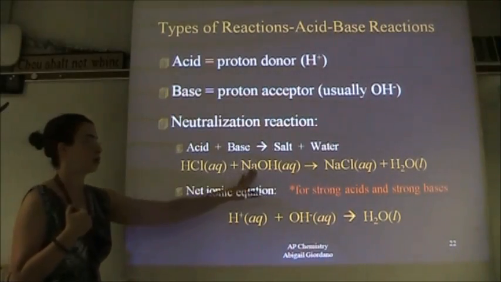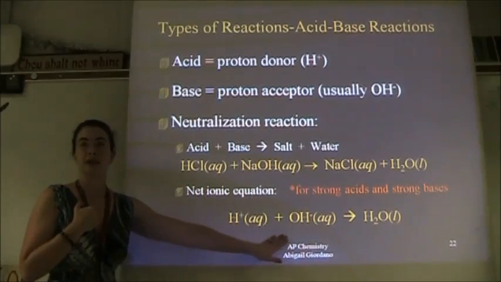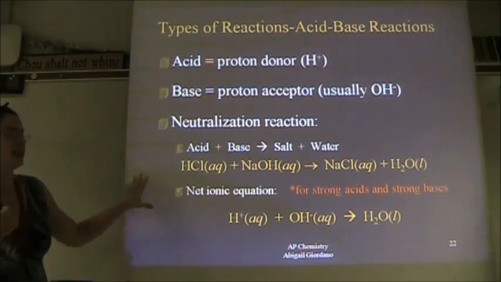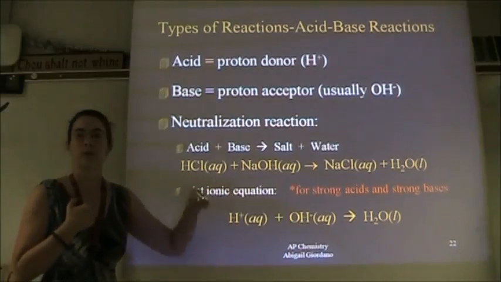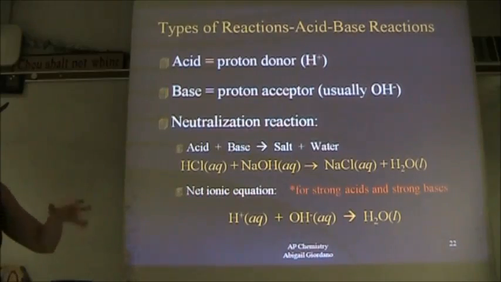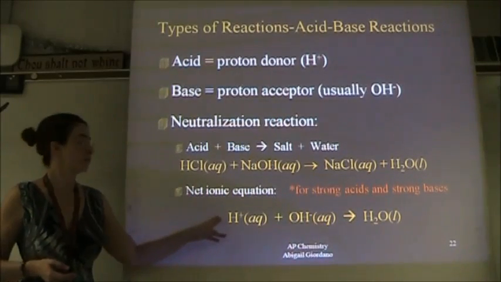If it's strong plus strong, this is the net ionic equation every single time. All right? You'll notice I did not write out that middle step where we do the complete ionic equation. But if I did and crossed out my spectator ions, this is what I would end up with.